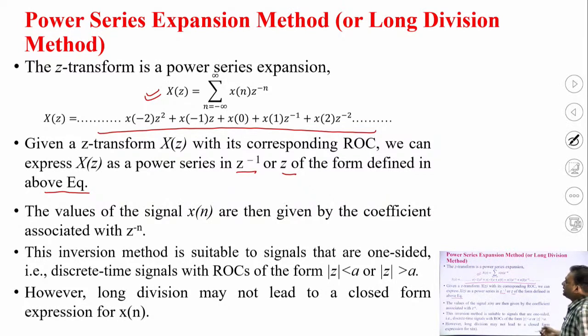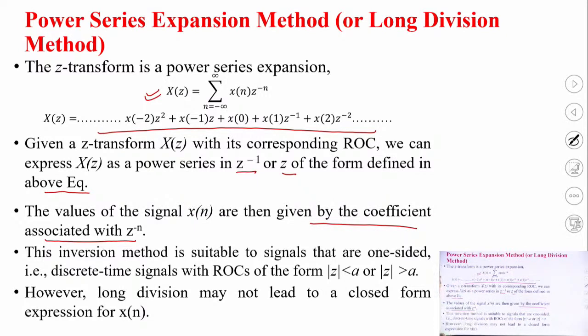So from this method we will not get the closed form solution. We will get the solution either in positive powers of z or in negative powers of z, but not simultaneously. The values of the signal x(n) are then given by the coefficients associated with z to the power minus n.